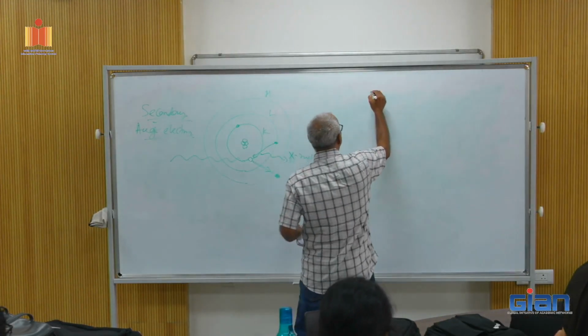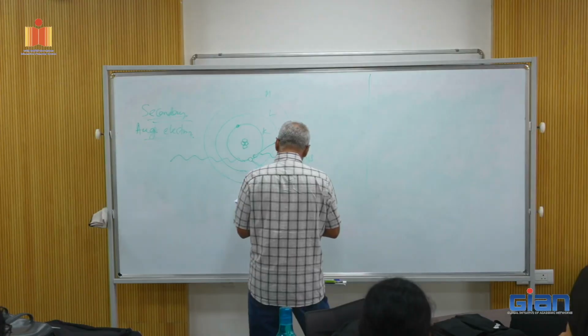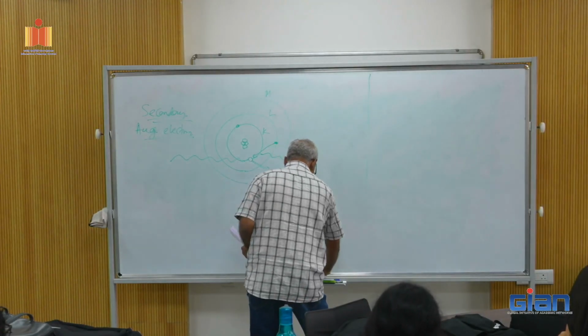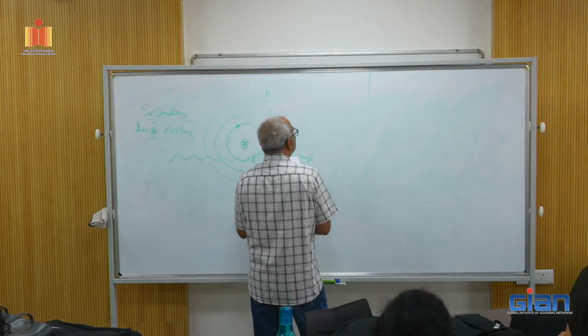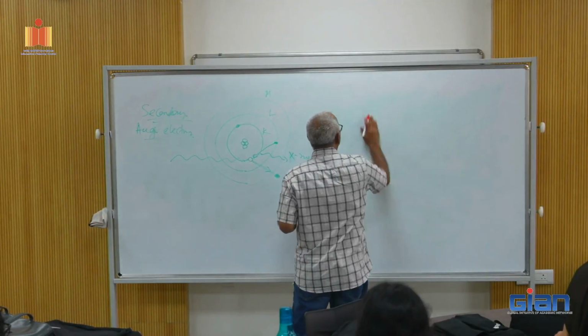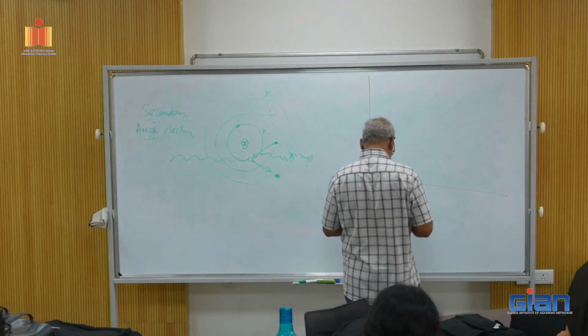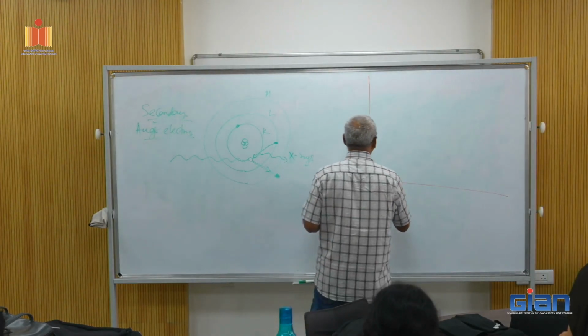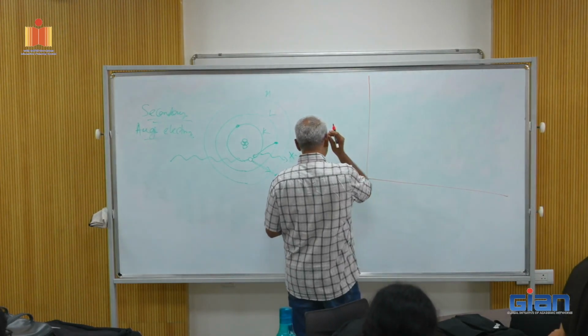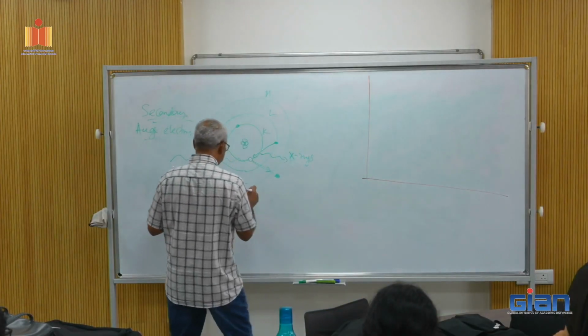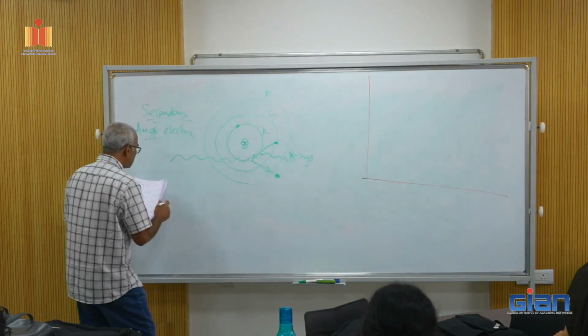This axis, the y-axis, is the attenuation constant, and the x-axis is the energy of the photon. Before that, let me write the cross-section formula.